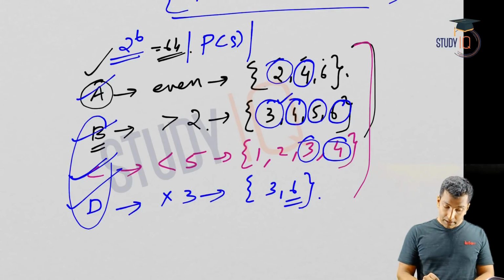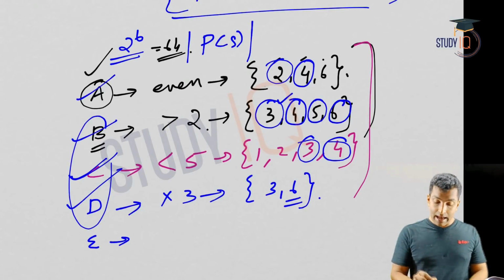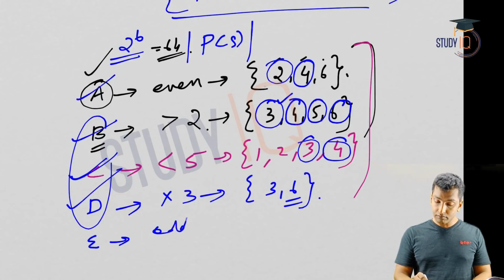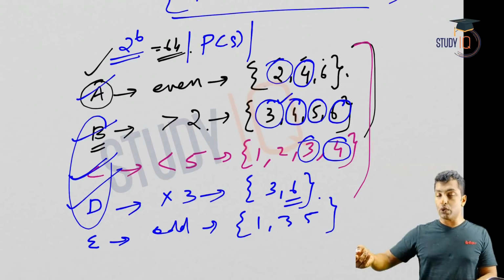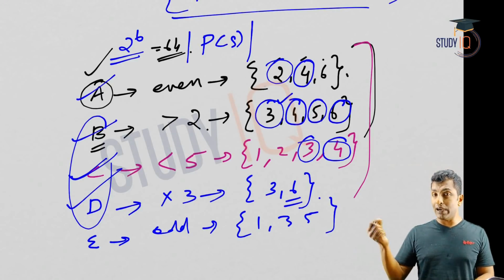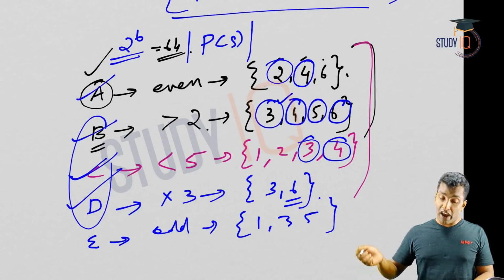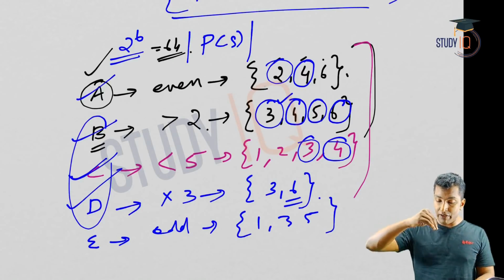One more case, if you define E as odd numbers. We know odd numbers are 1, 3, 5. So if 1 is your outcome, you can see 1 is an elementary event which is favorable to event C and event E, right?